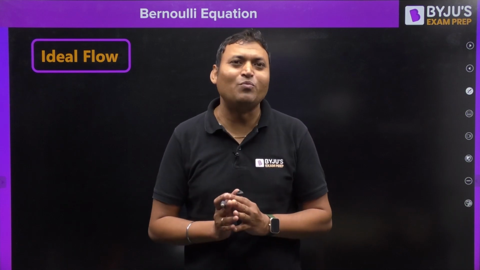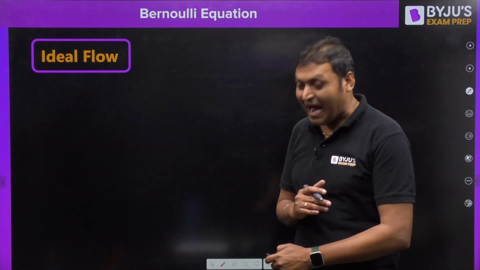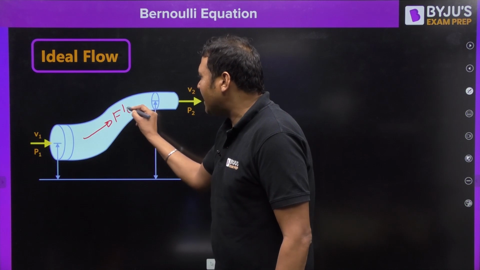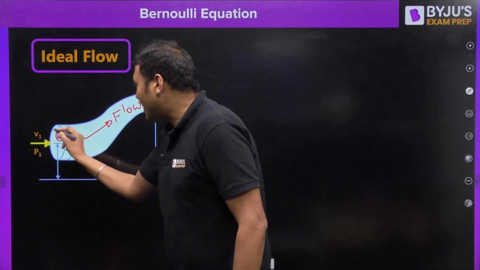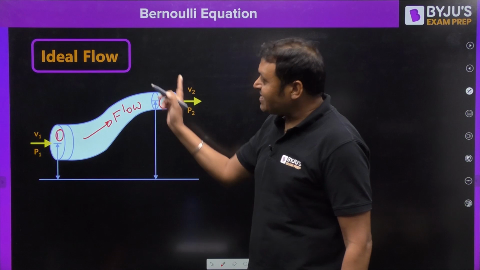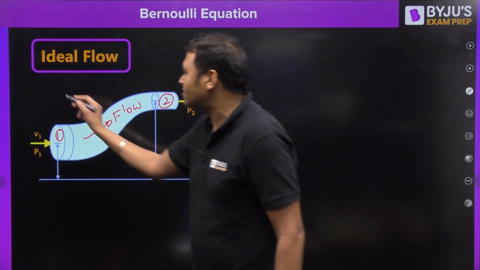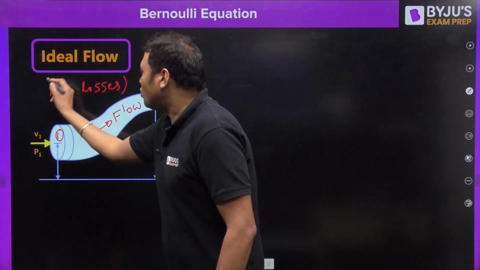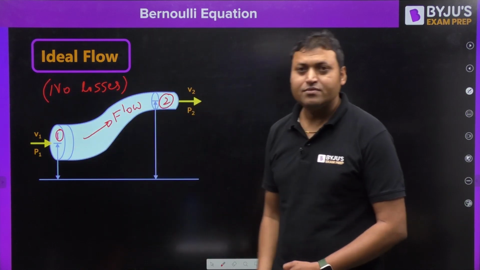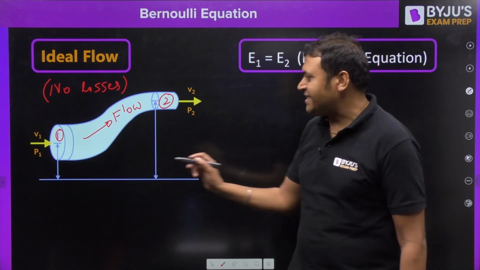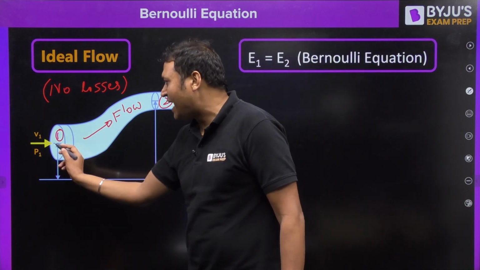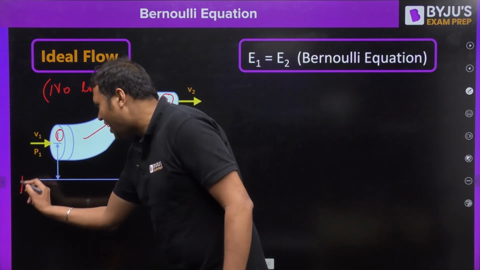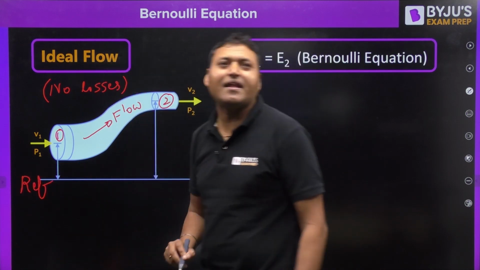So if the fluid is flowing from section 1 to section 2, and the flow is assumed to be ideal, with no energy loss, then total energy at 1 will be equal to total energy at 2. Total hydraulic energy of the fluid at section 1 should be equal to total hydraulic energy of the fluid at section 2. This is our reference line to calculate the potential energy head.